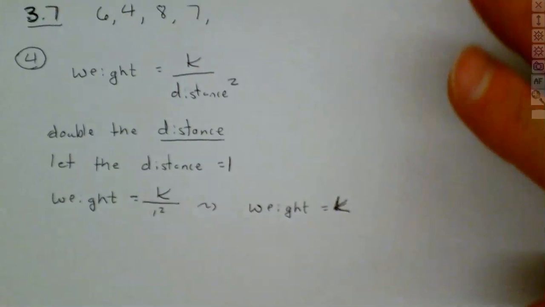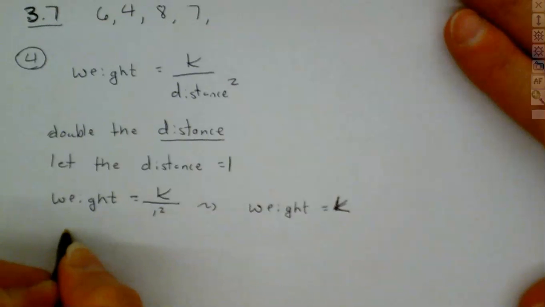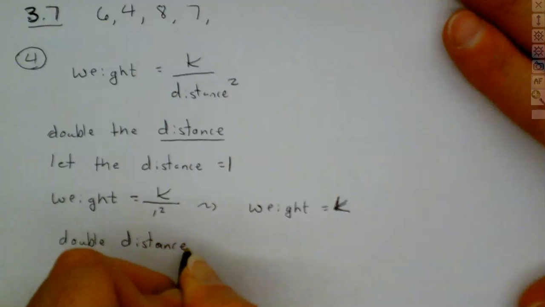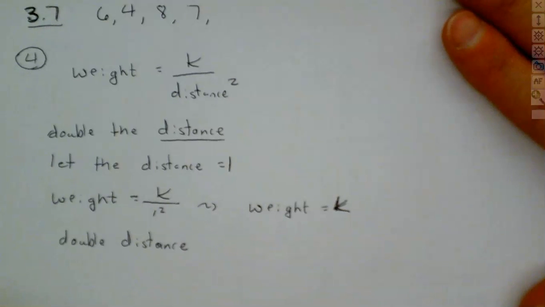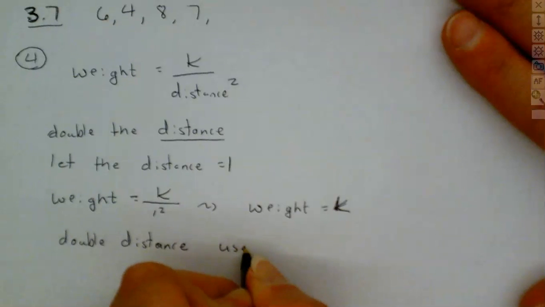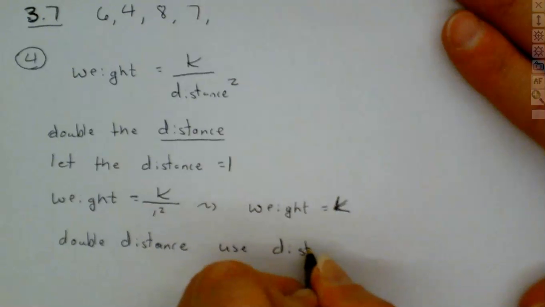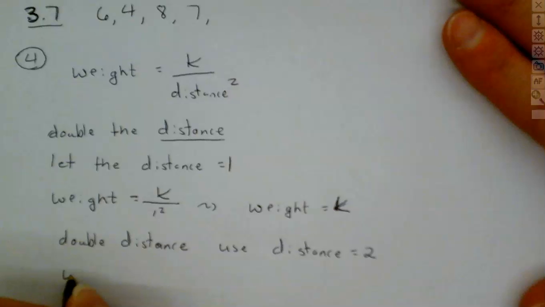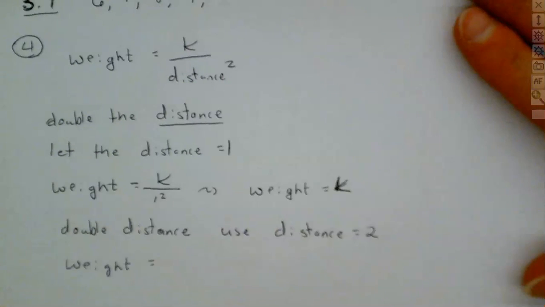Now, what happens if I double the distance? Well, if I double 1, what am I going to use then? If I'm going to double the distance, then that means we're going to use a distance of 2, right? And if I plug that in, let's see what happens.